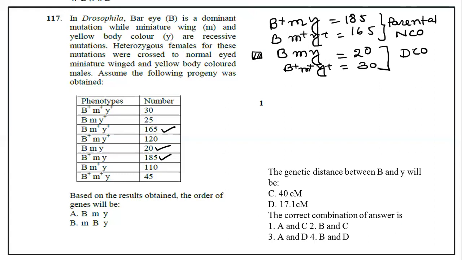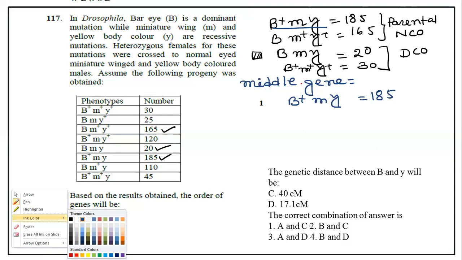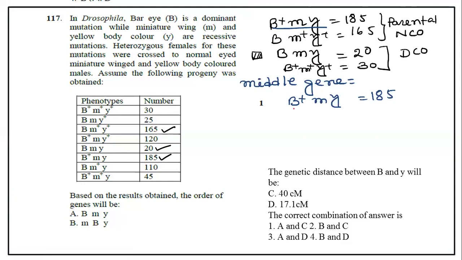Now how will we get the middle gene? We are trying to find out the middle gene. So first compare the B plus M Y, that is the NCO product, with the double crossover B M Y, that is 20.